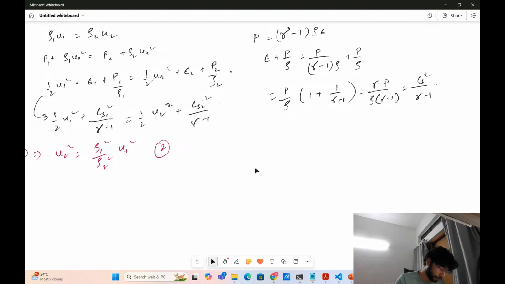From 2, we get rho 1 U1 square plus P1 equals rho 1 square U1 square by rho 2 plus P2. So what I did is I kept rho 1 U1 square plus P1, and P2 plus rho 2 U2 square, and I just replaced U2 square with this thing.